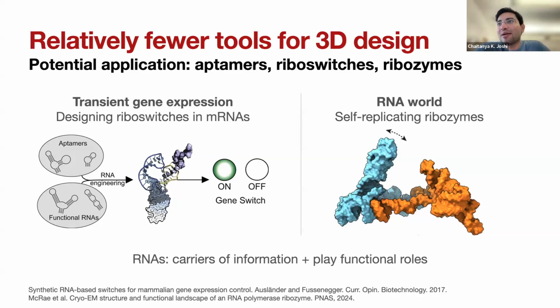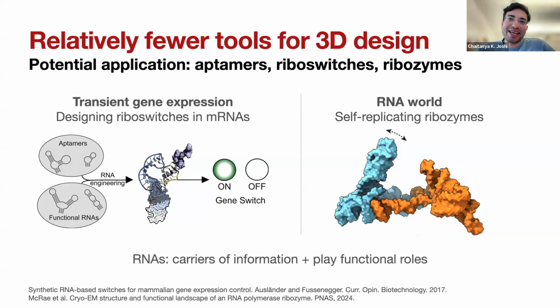And then the other application I'm quite interested in is ribozymes, which are related to this hypothesis called the RNA world, where it's hypothesized that life began as RNA and then later evolved to have proteins and DNA. And so something that people are interested in is, what is the diversity of RNA sequences that can actually be functional and carry out functionality?